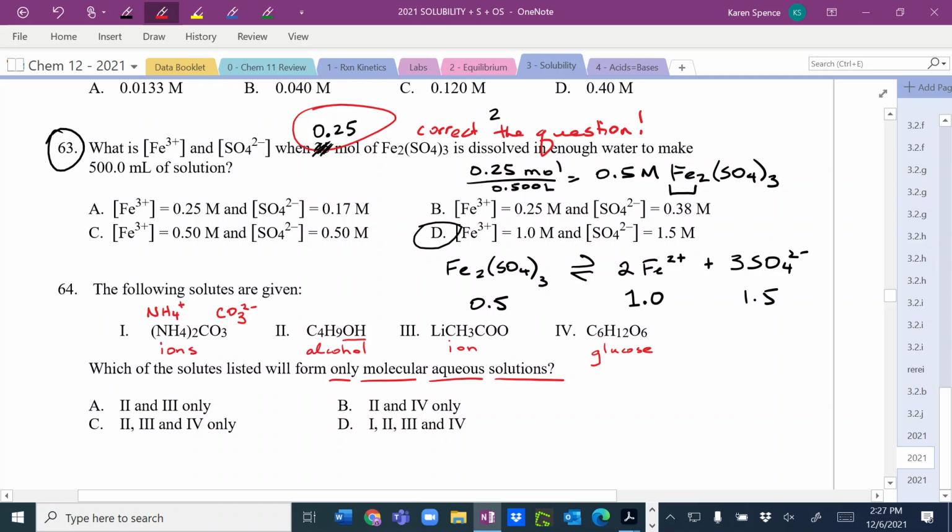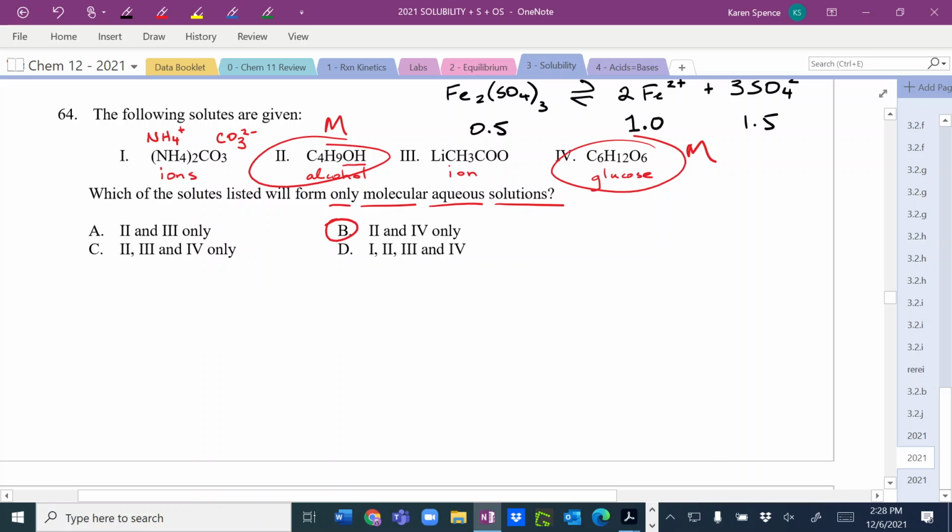Or fructose, any monomeric thingy. Monosaccharide, that's what I'm trying to say. And so these two would be molecular. So that would be 2 and 4, because they are all made of nonmetals, but not containing NH4. 67.